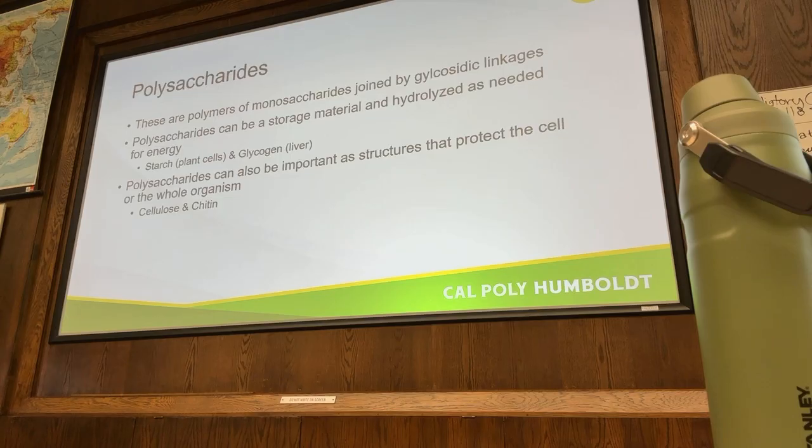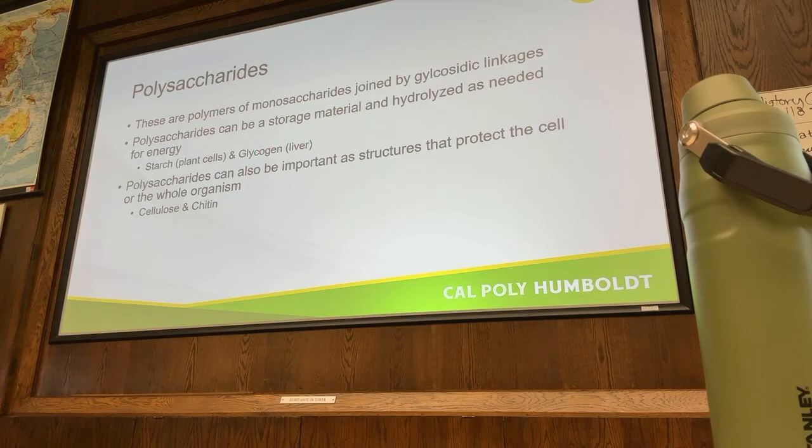In animals, we also store carbohydrates. We store glucose in this long polymer called glycogen. It's primarily found in your liver, and this is what insulin regulates.